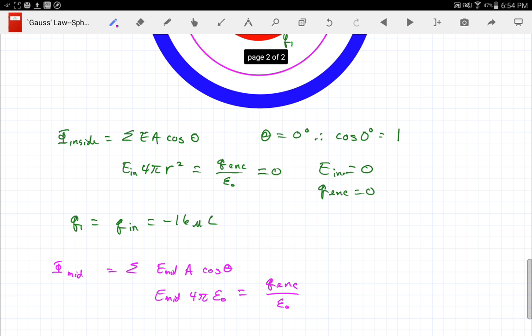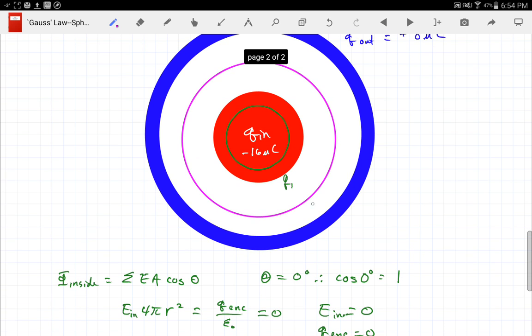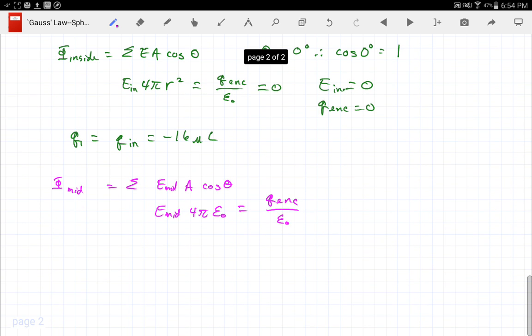Well, now the charge enclosed by this magenta sphere is the entire minus 16 microcoulombs. There's no epsilon 0 here. That's an r squared.